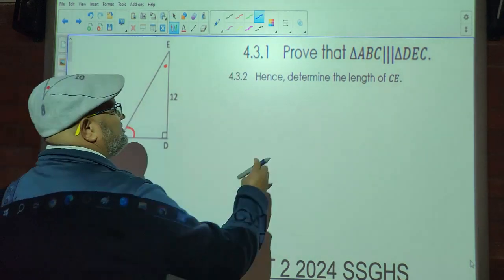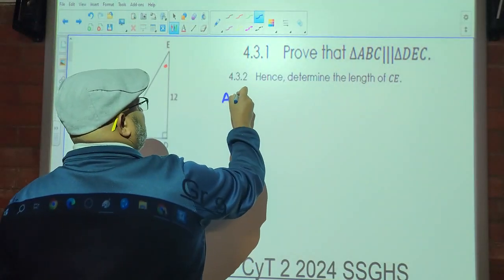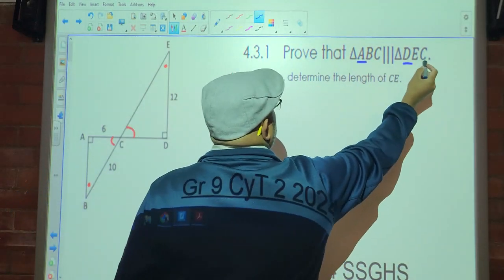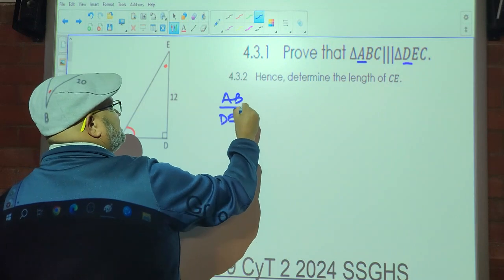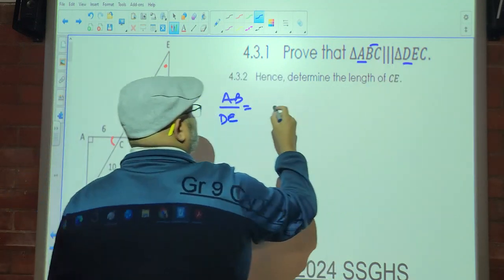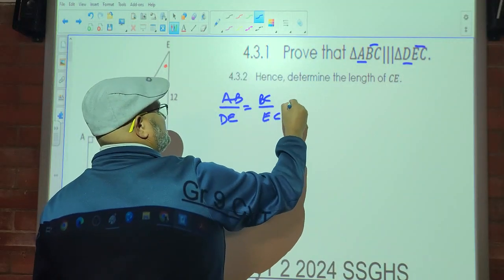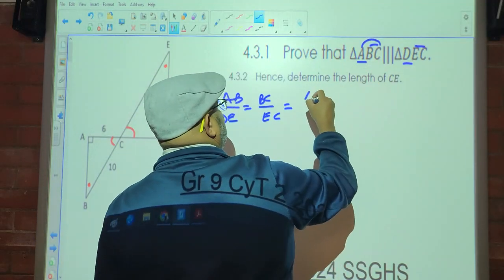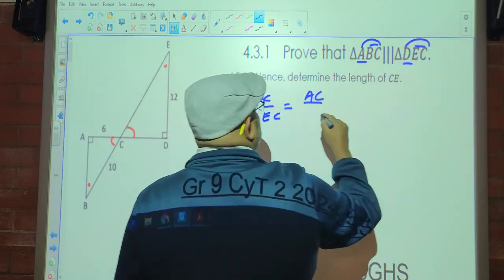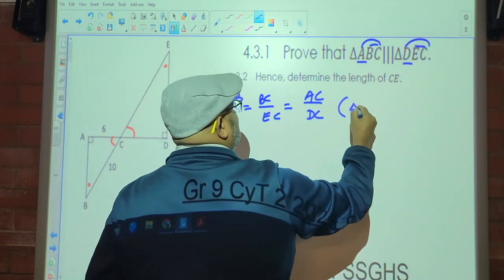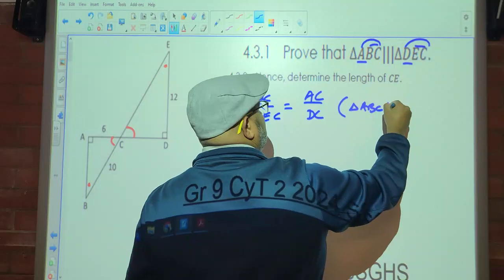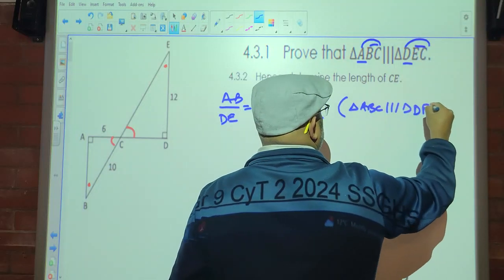So what can we work from here? We can say that AB over DE is equal to BC over EC, which is equal to AC over DC. Why? Because triangle ABC is similar to triangle DEC.